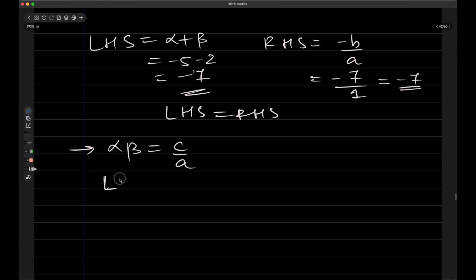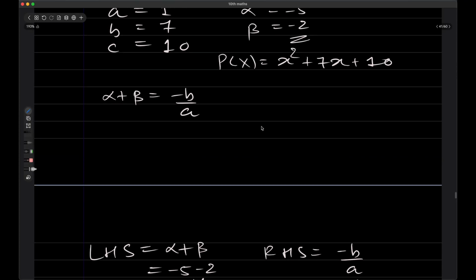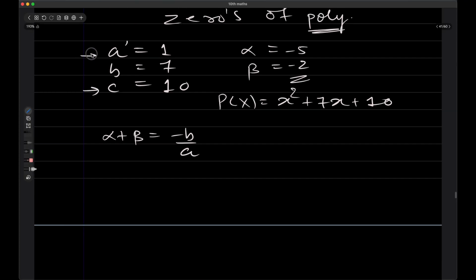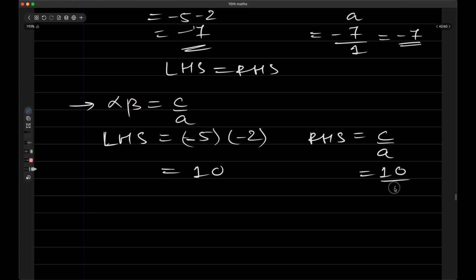We have LHS equals alpha is -5, beta is -2, that is minus into minus is plus, 2 into 5 is 10, and right hand side equals c by a, that is c is 10 and a is 1 in this case, so c divided by a, that is 10 divided by 1, that is equals to 10.